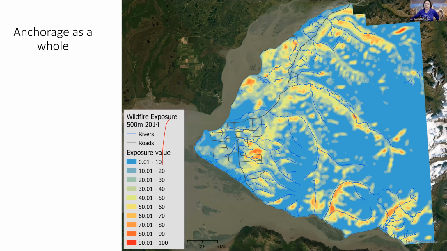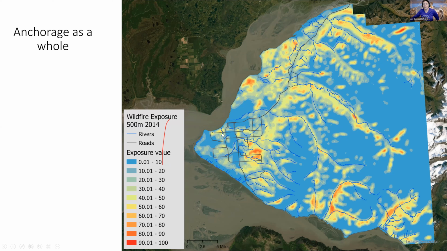This map helps familiarize you with the colors too. You'll see the Campbell area, and you see some reds here. This means it has high exposure values. 80 to 90% of the vegetation in that area is probably going to be spruce. And then the blue values are very little to no wildfire exposure or hazard.